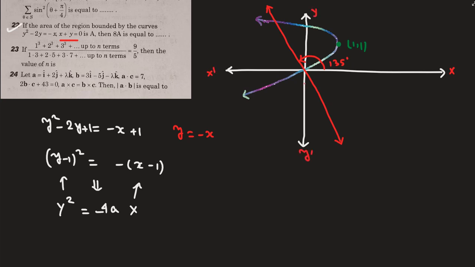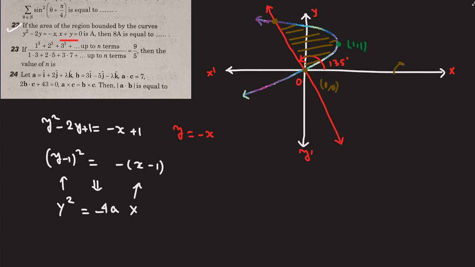Now we are going to calculate this area. If you take the strips on the y-axis, it is very comfortable to draw. Here they intersect, and one point is here, that is (0, 0).